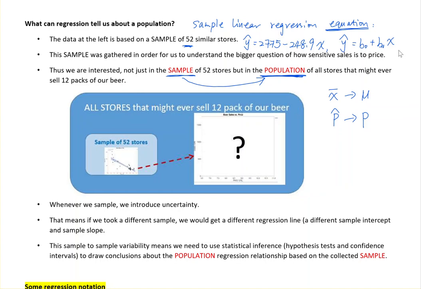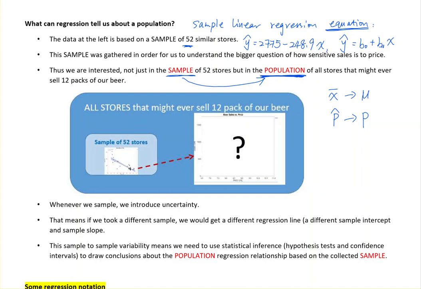But is that our goal for this research? Of course not, right? We do not just want to study these 52 stores, we want to know the relationship between these two variables in all stores in the population, right? But we do not have enough time or enough money to collect all the information in all stores.